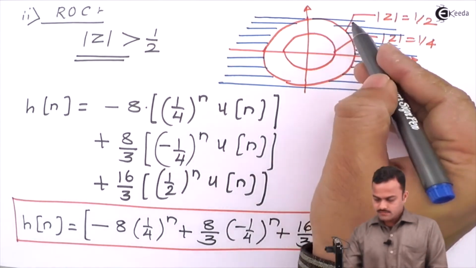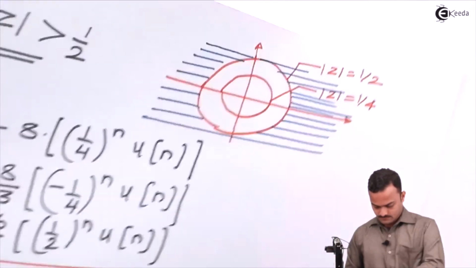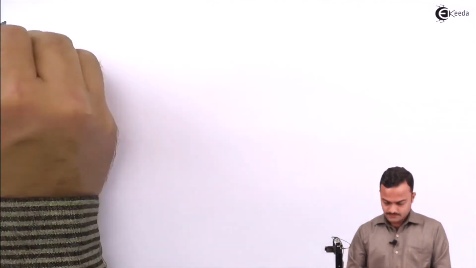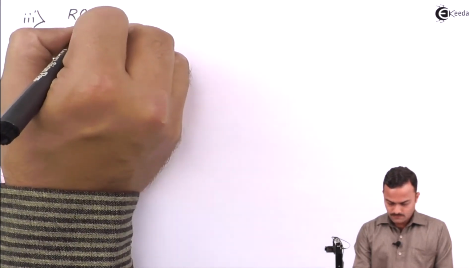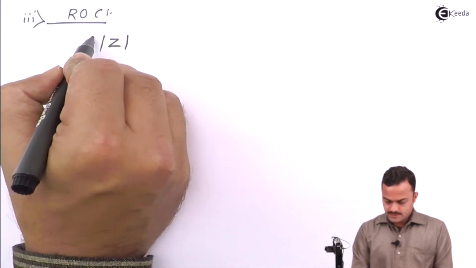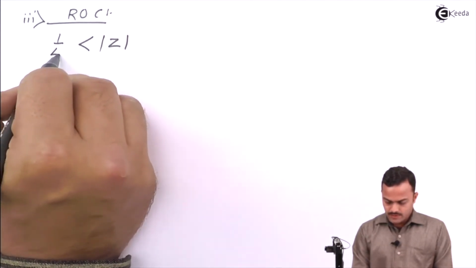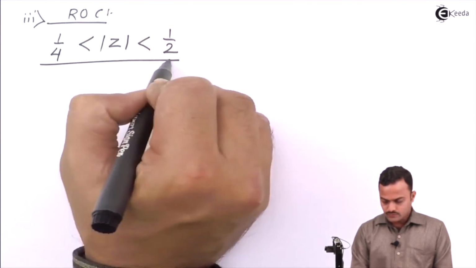Now the ROC is between these two circles. So mod Z is greater than 1 by 4 but less than 1 by 2.